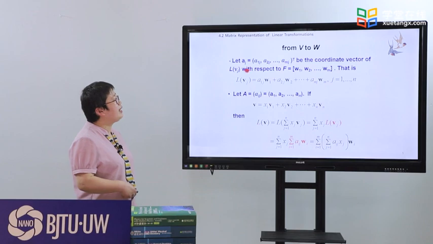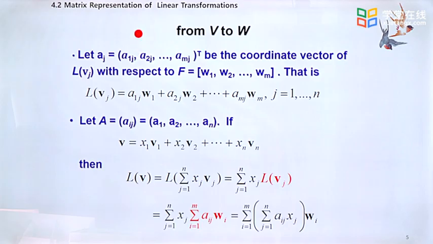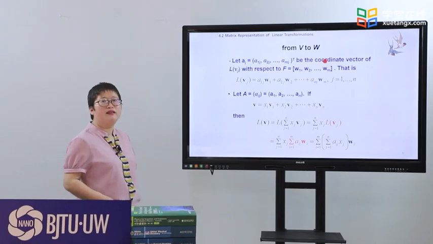Let us denote aj just by a1j, a2j, ..., amj, a column vector of L(vj) with respect to F. So this means you represent L(vj) by a linear combination of w1, w2, ..., wm, where the scalars before those basis vectors are a1j, a2j, ..., amj.